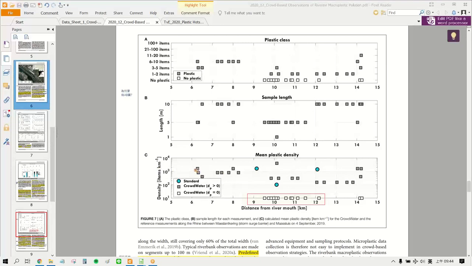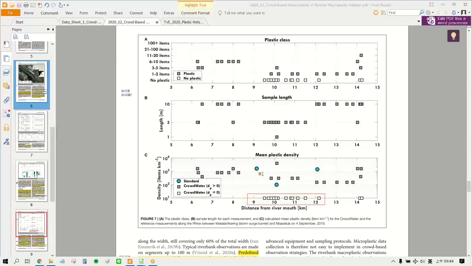So they compare the density between traditional method. They only took 3 surveys in this whole river bank, at the 9 kilometer from river mouth, 10 kilometer from river mouth, and the 12 kilometer from river mouth, which is light blue circles.